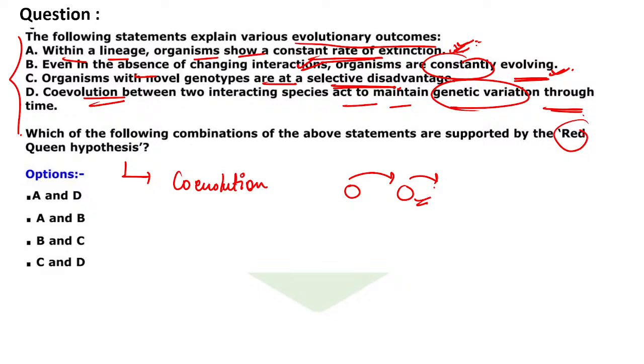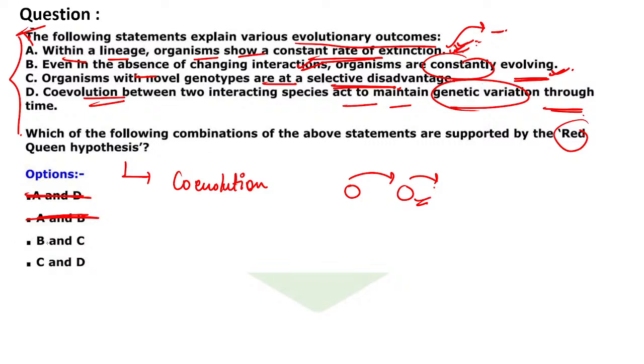You need to find out which of the following is correct in support of the Red Queen hypothesis. Within a lineage, organisms show a constant rate of extinction. The Red Queen hypothesis does not say the extinction rate is constant. A is wrong, so you can eliminate A. Then, even in the absence of changing interaction, organisms are evolving.